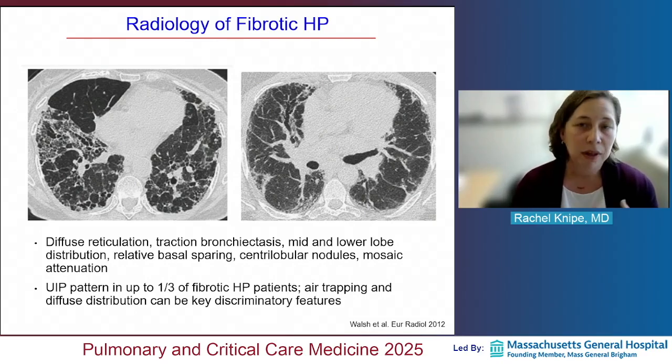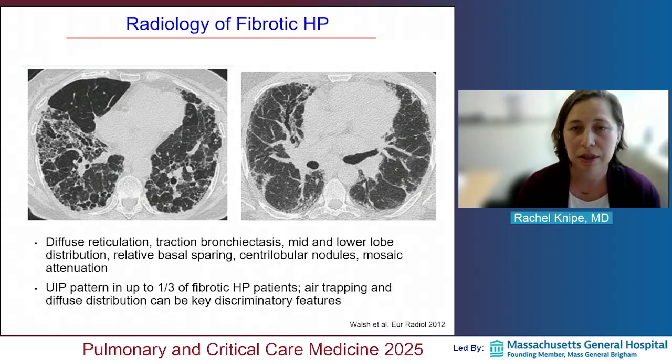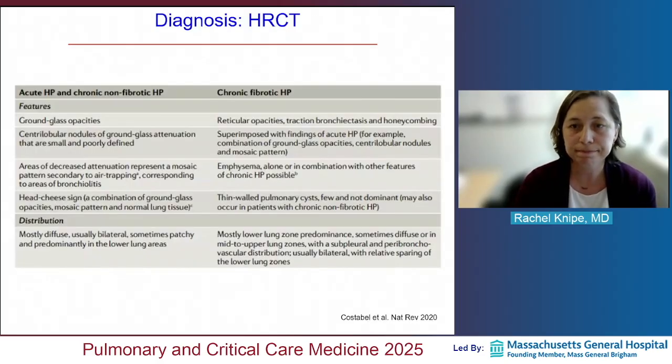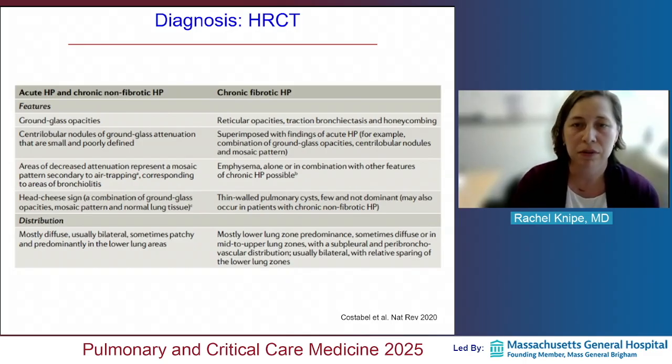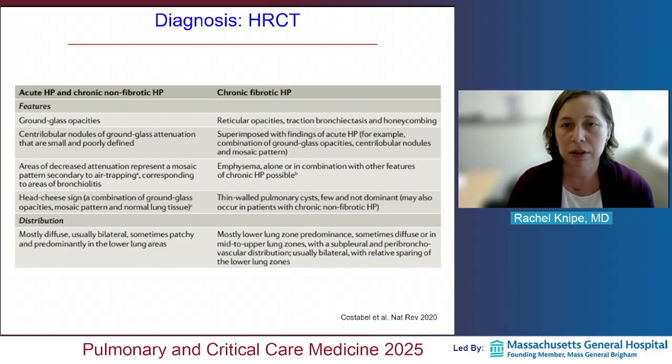So we look for things like more diffuse distribution and evidence for air trapping, which can be distinguishing features, and centrilobular nodules, but these are not always present in the fibrotic stage. This is just a summary slide on key radiologic findings in both non-fibrotic and fibrotic HP from a review by Dr. Moises Selman, one of the real giants of the HP field.